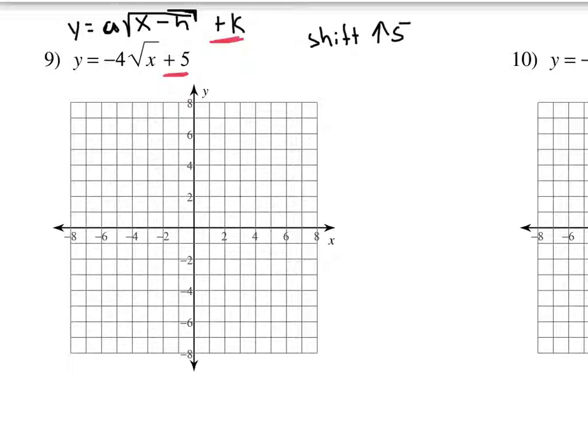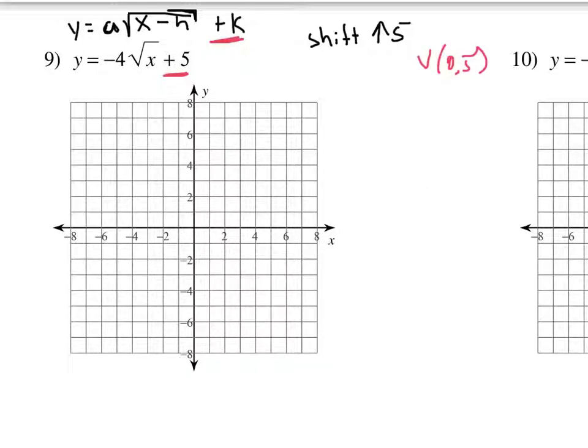Another way of thinking about this is just like with absolute values, finding the vertex. If this was an absolute value problem, where's your vertex? 0, 5.